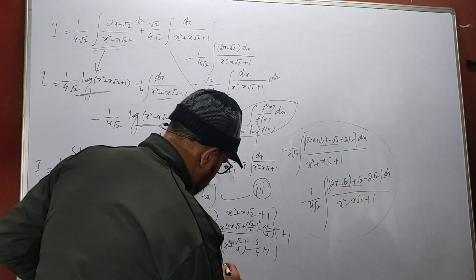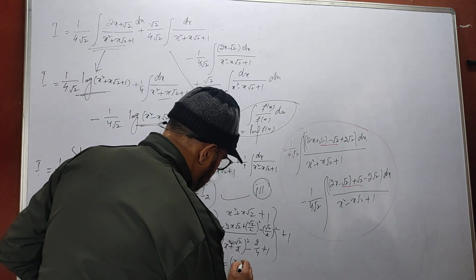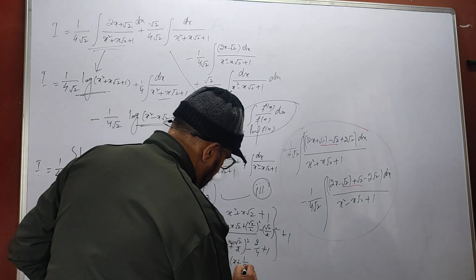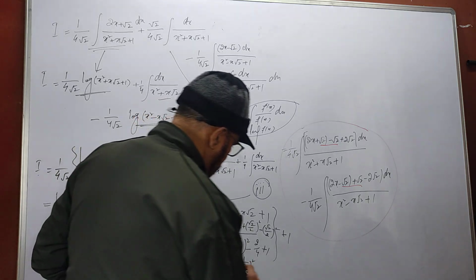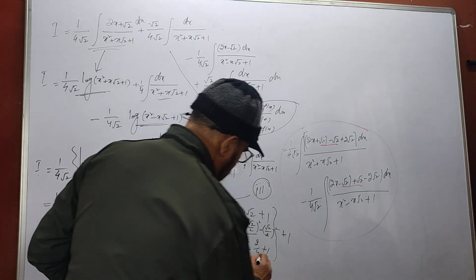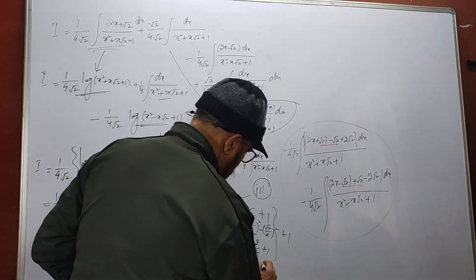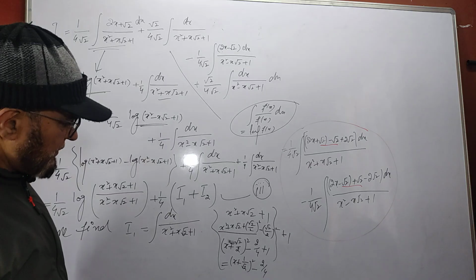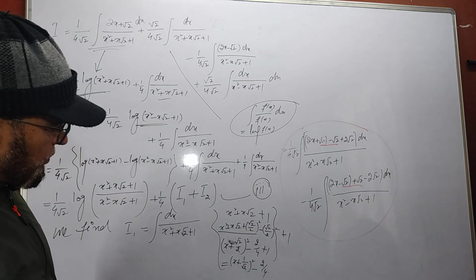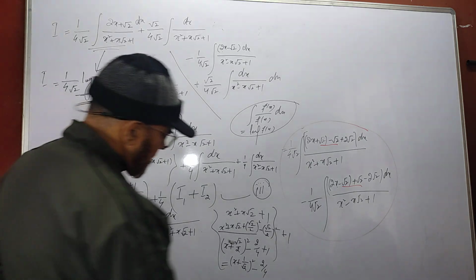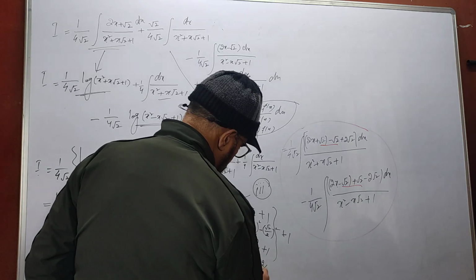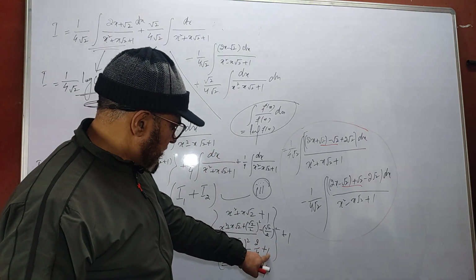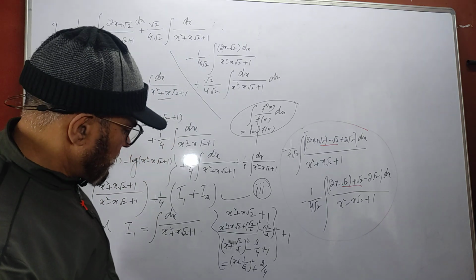So I am getting x plus 1 by root 2 whole square, minus 2 by 4 plus 1. Minus 2 plus 4 here, it is 4 minus 2, it is positive 2 by 4.